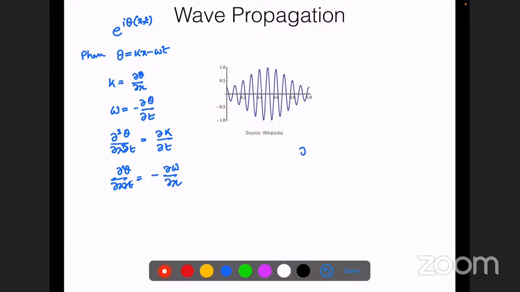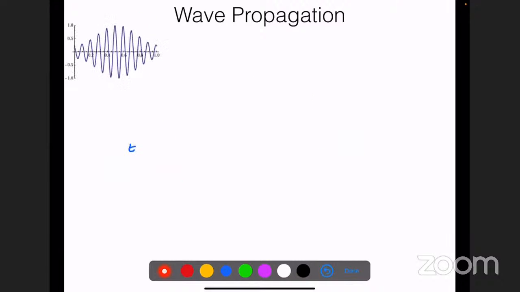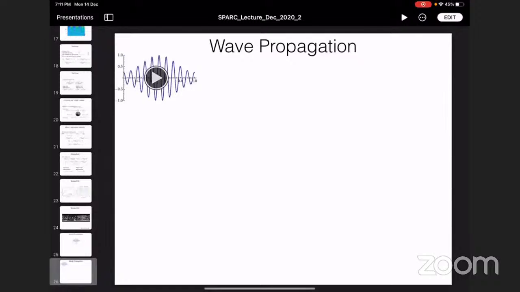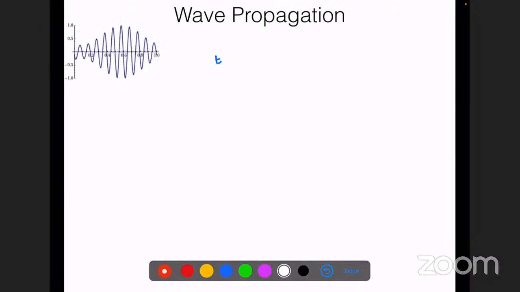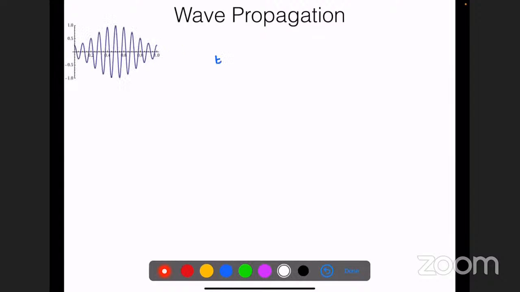Which tells me that dou k dou t is equal to minus dou omega dou x. So I have obtained dou k dou t plus dou omega dou x is equal to 0.